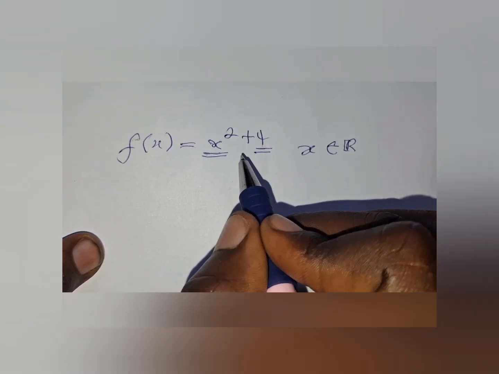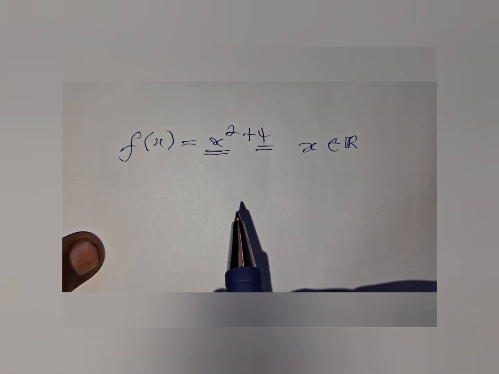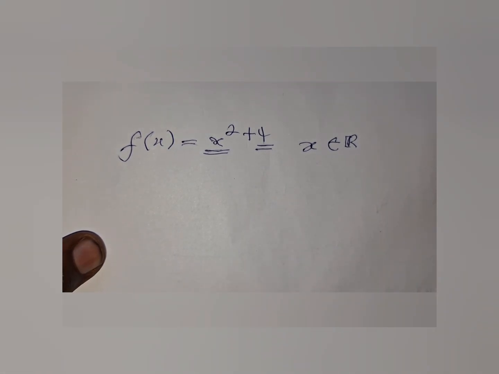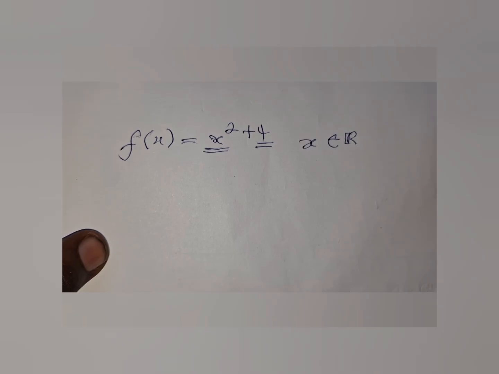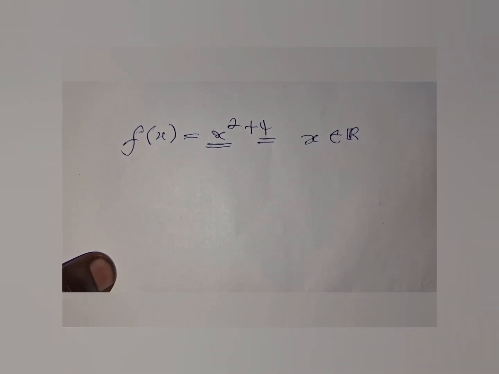And we know for a fact that even when we take the largest negative number and raise it to the power of 2, it is always going to give us a positive value. There is no way for real values to be raised to the power of 2 and become negative. X squared has no negative values for real values of x.